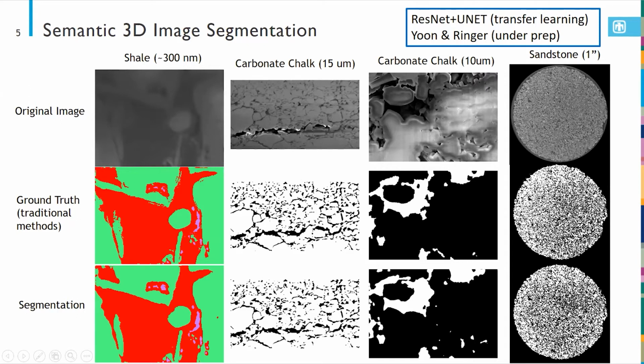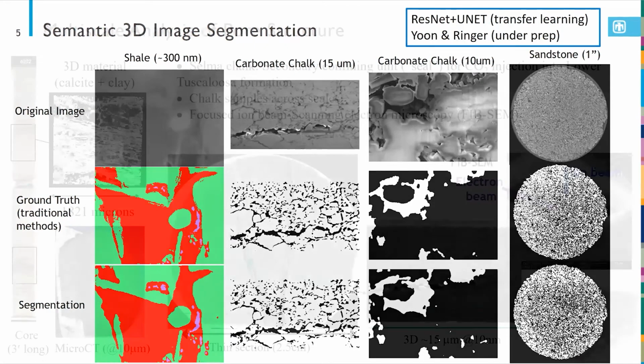For the manual traditional method, we have to clean out these artifacts very carefully to get a better result. However, I think this machine learning was able to recover those without any pre-processing, and in general it recovered them quite fast and relatively accurately as well.